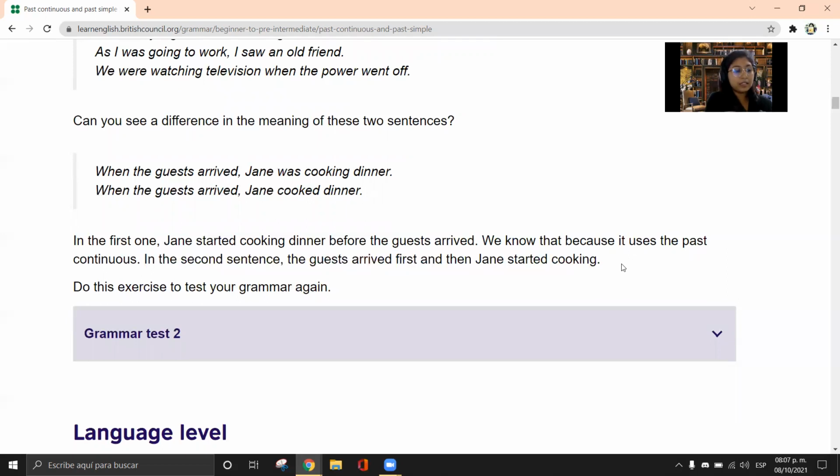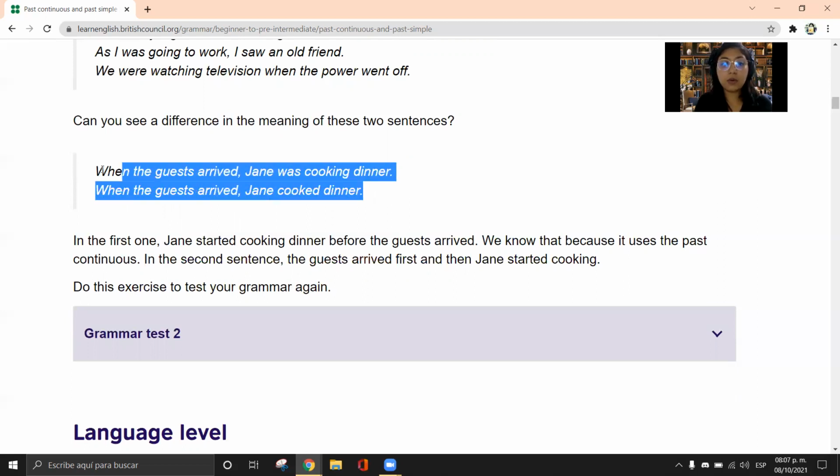So remember that there's a difference in the meaning of these two tenses, and it depends on what you want to say. Both of these are grammatically correct, right? They are correctly written. They use the verbs correctly, but the meaning is different. And this is really important, right?